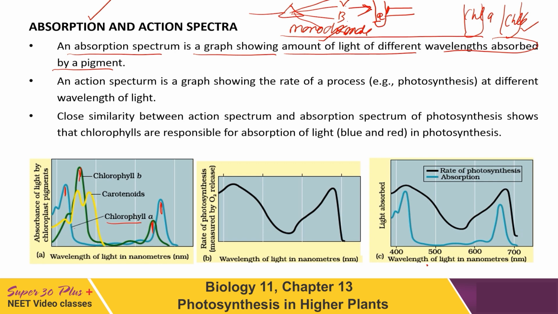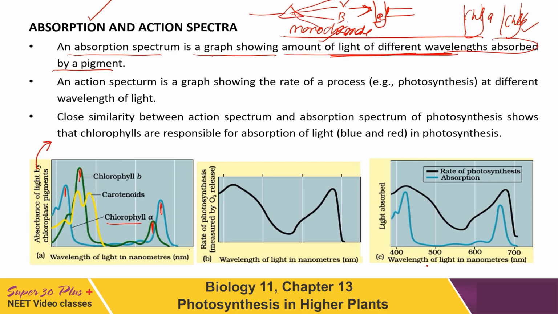Is it very clear to you? Absorption spectrum means the graph where on one axis we have different wavelengths of light and on the other axis we have the percentage of absorption by this particular pigment. Is it clear? The same thing will be done for action spectrum.